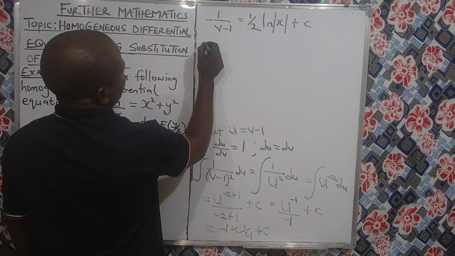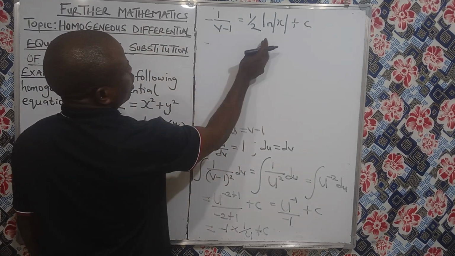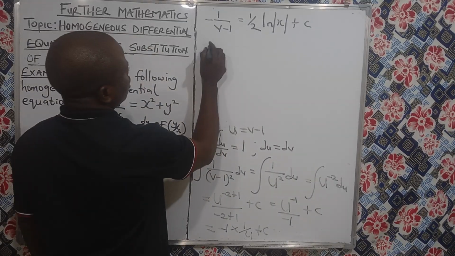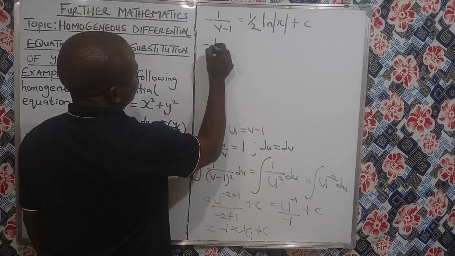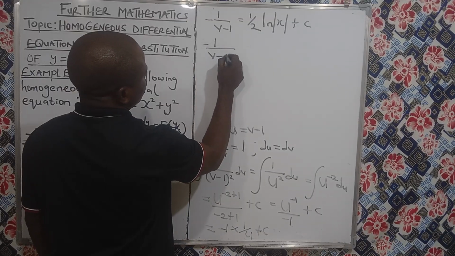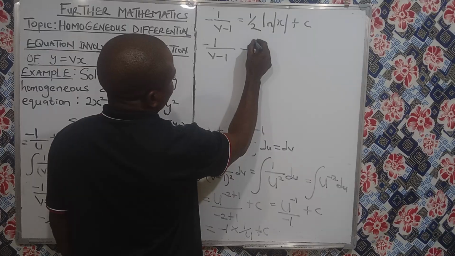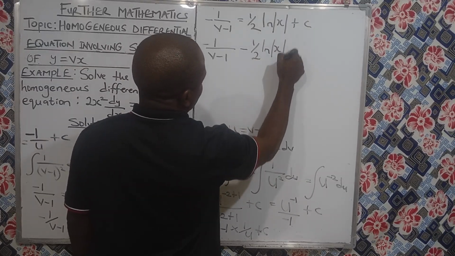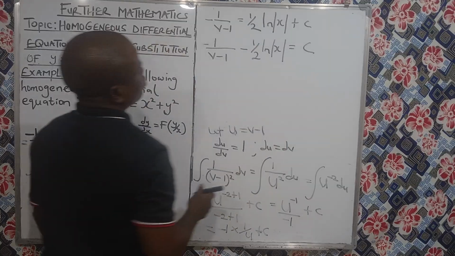Taking half ln x to the left hand side, minus 1 over v minus 1 minus 1 over 2 ln x equals c.